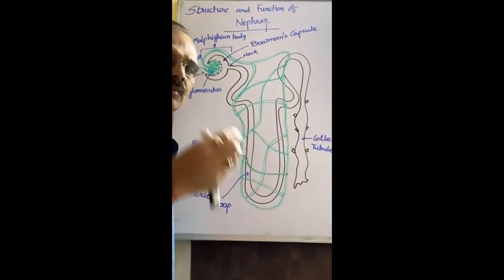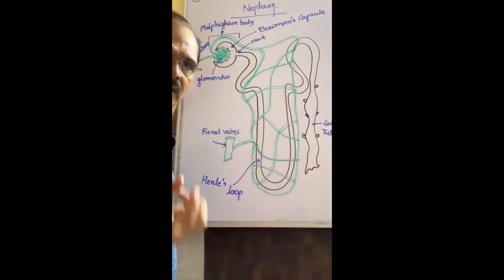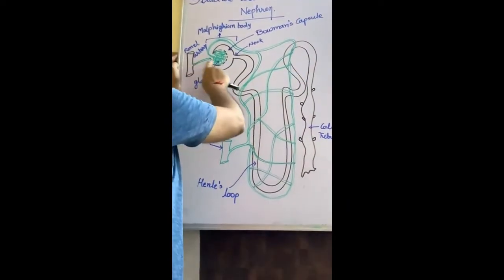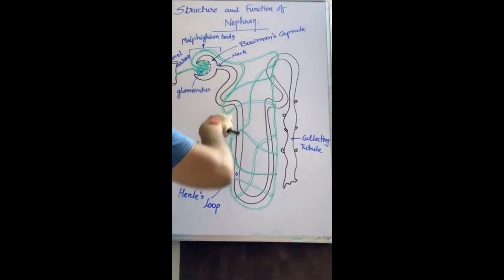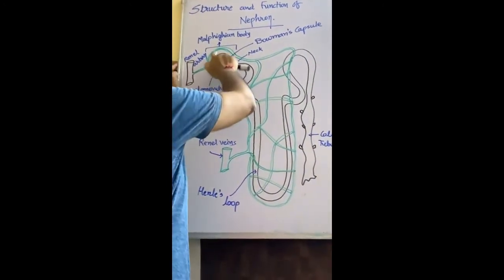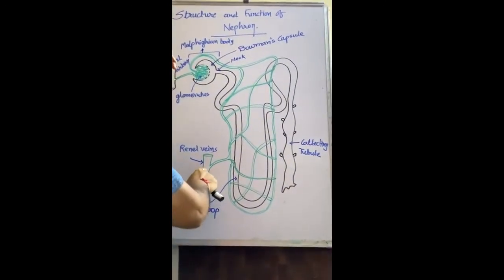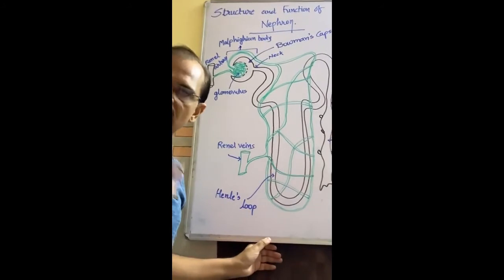But some glucose particles, amino acids, some protein particles, fat, means glycogen, etc. Suppose it enters here into the glomerulus, then it is not filtered, but once again it comes back to the renal vein, and renal vein is connected with what? Inferior and superior vena cava in the heart.